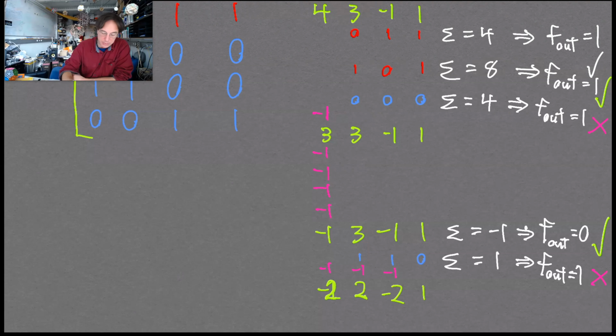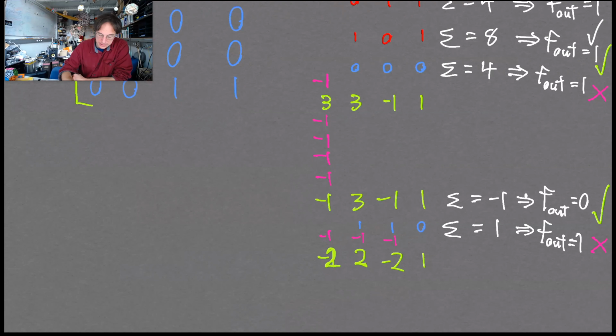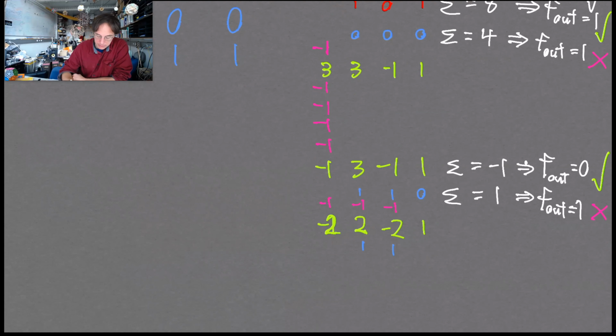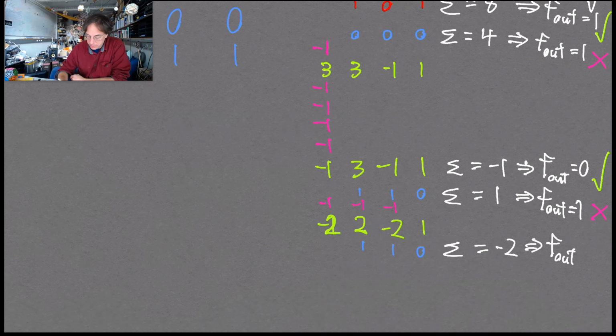And now if we try that same example, 1, 1, 0, then the sum is minus 2 plus 2 minus 2, and this one doesn't contribute. So that's a total of minus 2. And now this one is correct also. We made them correct.